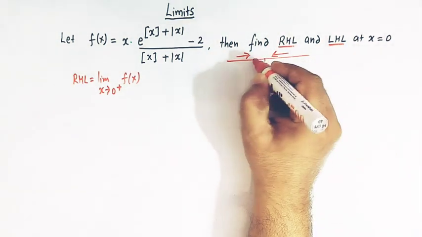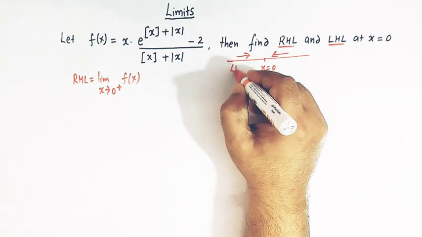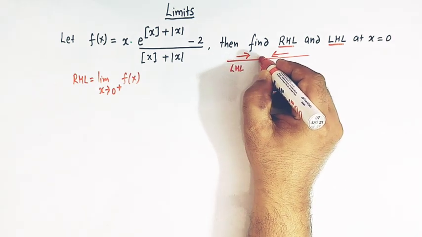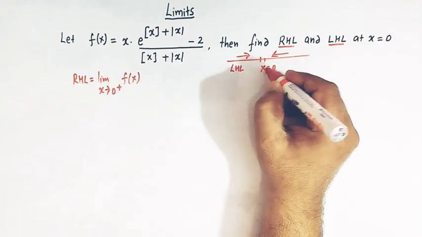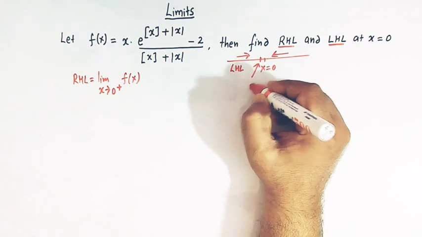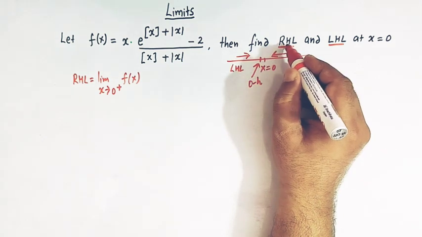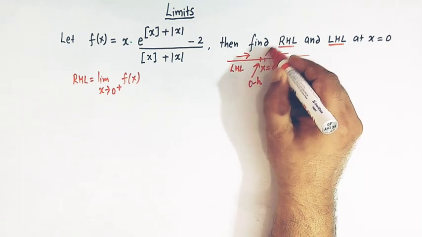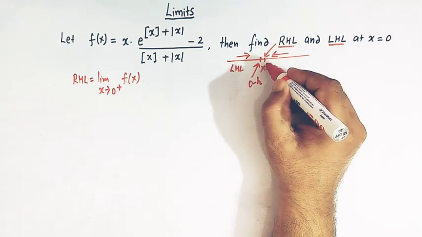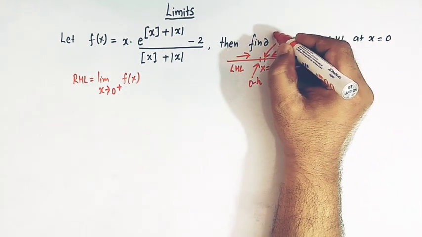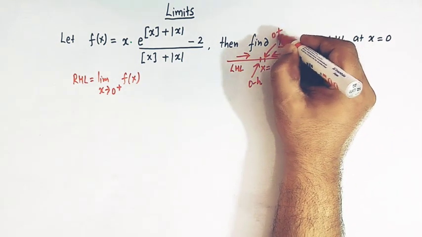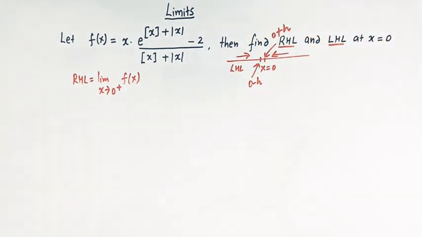So for the left hand limit, we'll take a point in the neighborhood of x equal to 0, which is 0 minus h. And when we find the right hand limit, we'll take a point in the right neighborhood of x equal to 0, and we'll call this point 0 plus h.